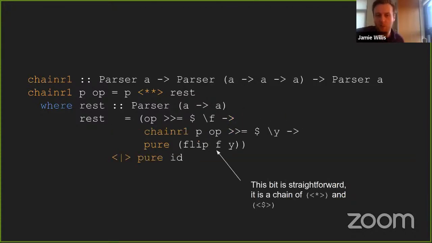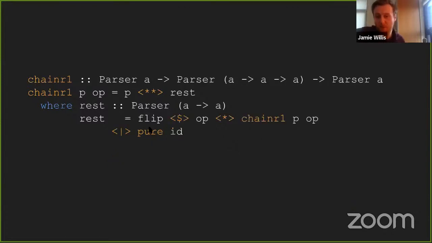So we have a flip applied to f, which is the result of op, and we have y, which is the result of chain r1 p op. So what we can do is fmap flip onto op and then app it onto chain r1 of p op. And thankfully, we are now sat with no binds. So this definition now works perfectly.